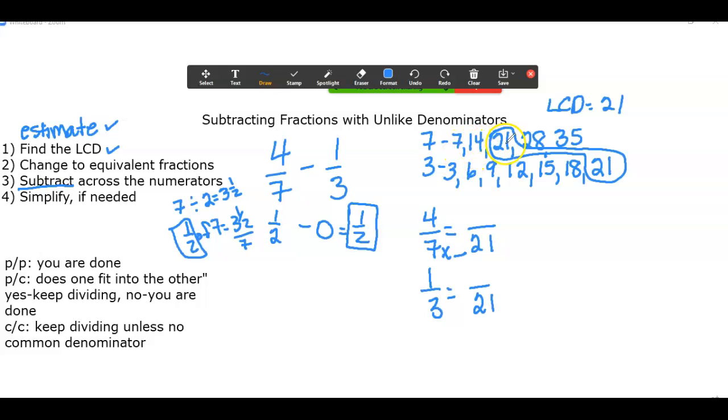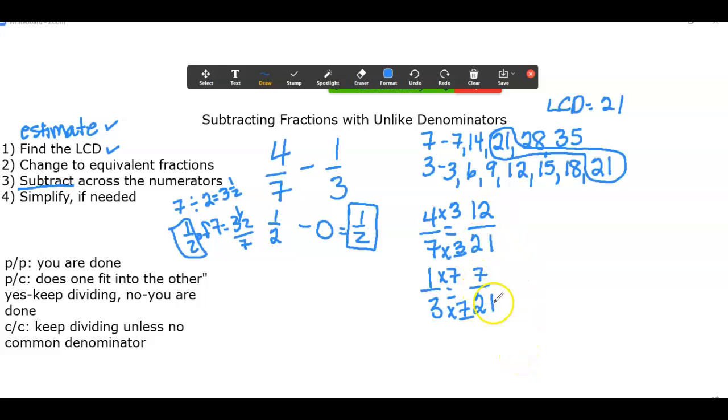Well, 1, 2, 3. What I do to the bottom, I do to the top. So 4 times 3 is 12. 3 times what is 21? 1, 2, 3, 4, 5, 6, 7. What I do to the bottom, I do to the top. 1 times 7 is 7.